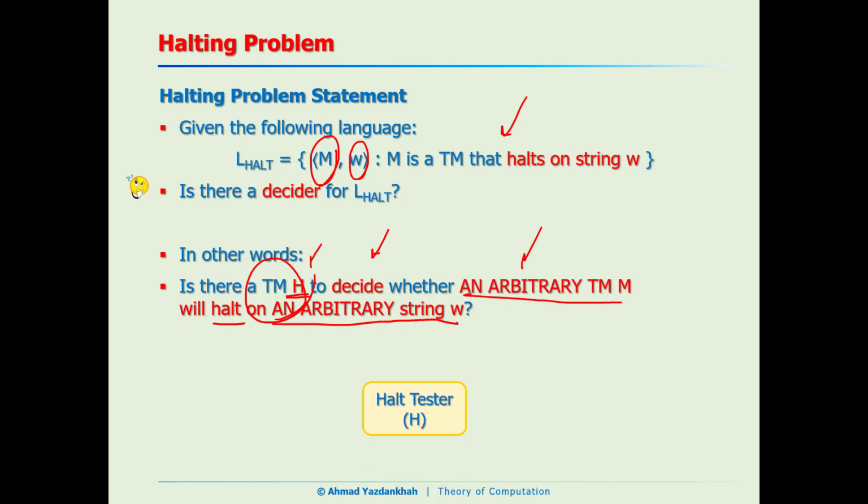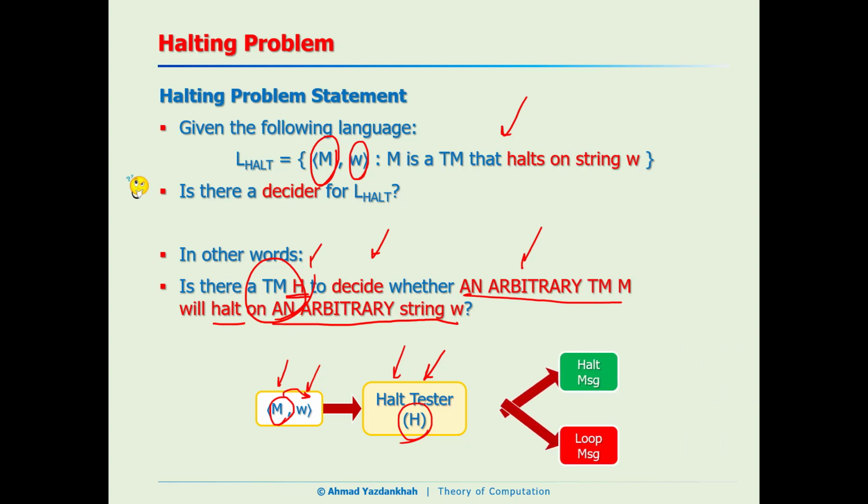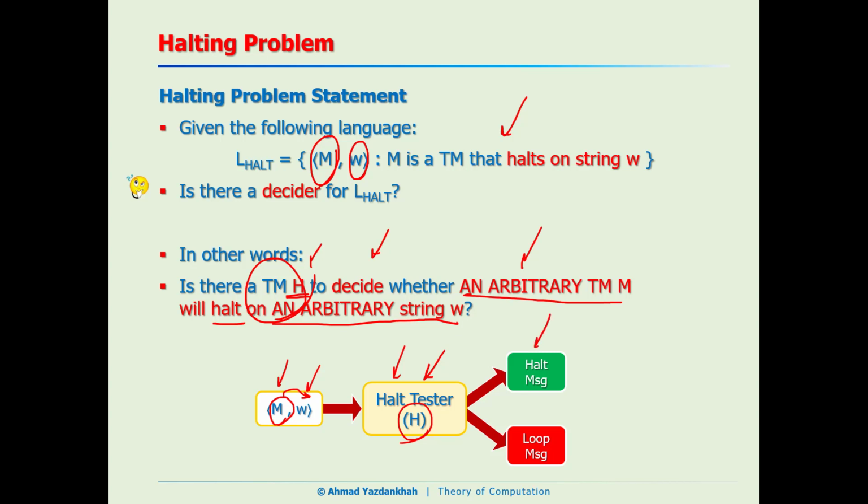Okay, so to visualize what I am talking about, this is the halt tester, H, a Turing machine, and its input is a combination of the description of M and the string W. This Turing machine can decide whether the input Turing machine will halt on this W or not. So we can have two messages, halt message or loop message.